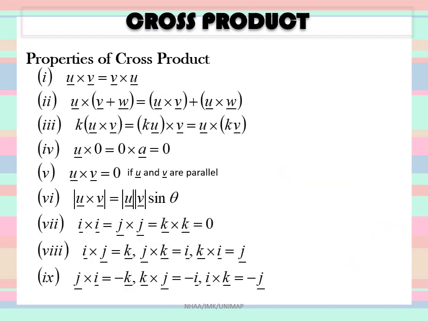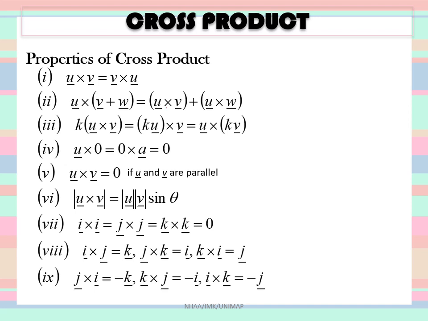Okay, so these are the properties of the cross product. The cross product of vector u cross vector v is equivalent to v cross u. The same goes for the addition of two vectors, which you can then cross product with u, right? That is equivalent to expanding the bracket.